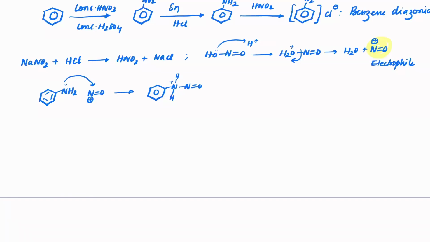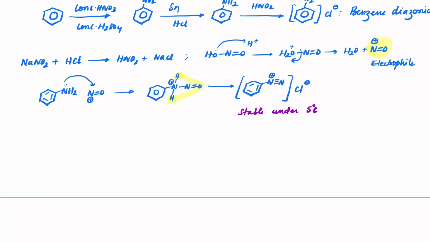Slowly, these two hydrogens and the oxygen will start combining with each other and leave as H2O, making this N triple bond N plus. Since it is in a medium of HCl, you will have chloride present on it and you can crystallize this. Now, this is stable only under 5 degrees Celsius. It will not be stable over 5 degrees Celsius. Got it?